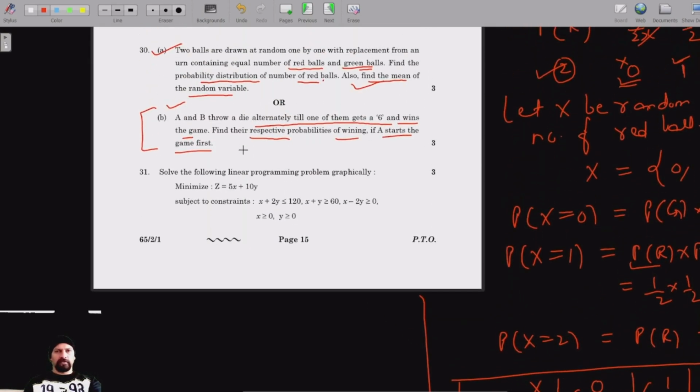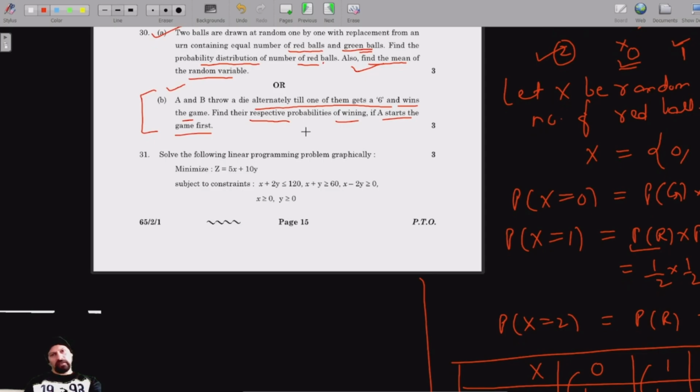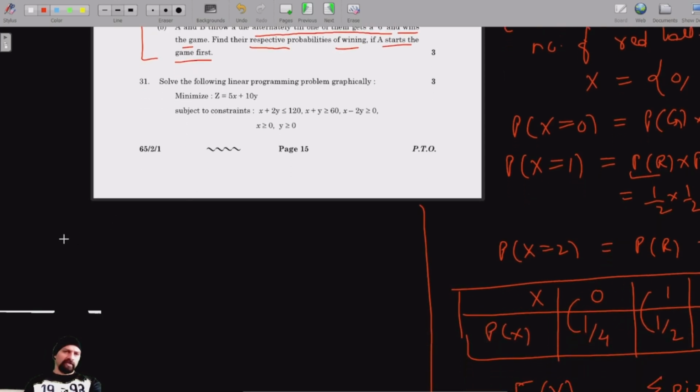If a die is thrown, then the probability of getting a 6 is 1 by 6. And the probability of not getting a 6 is 5 by 6.